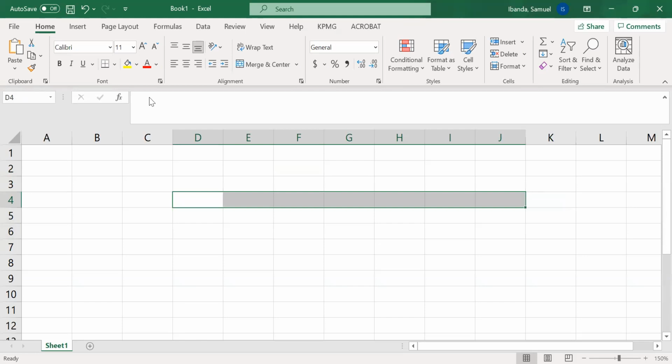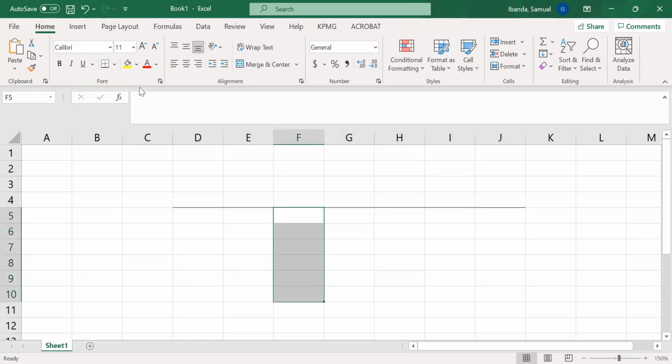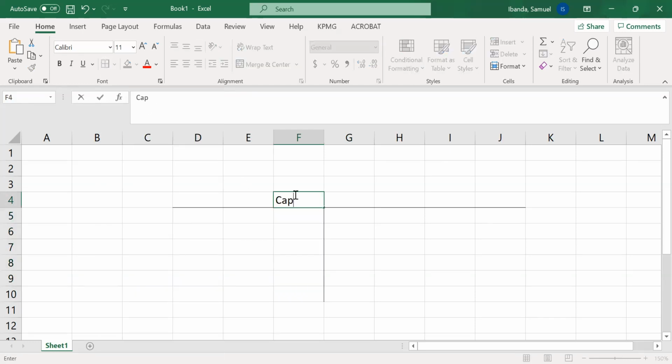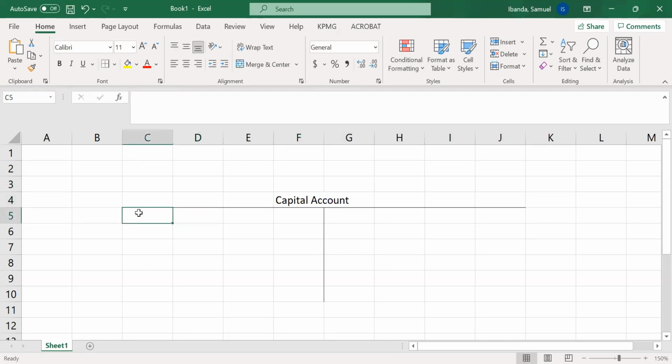If, for example, this was our capital account, the normal capital account would have details and then amount.